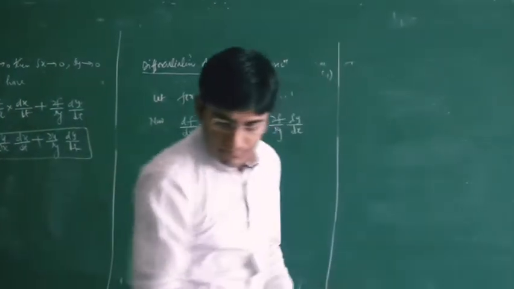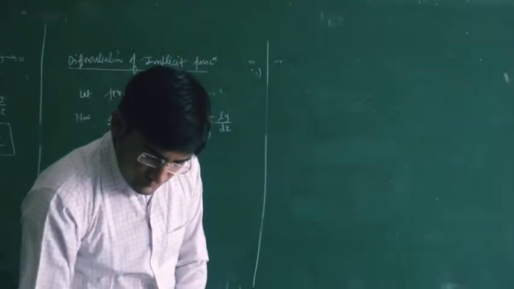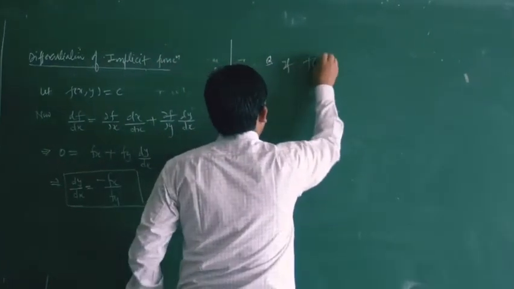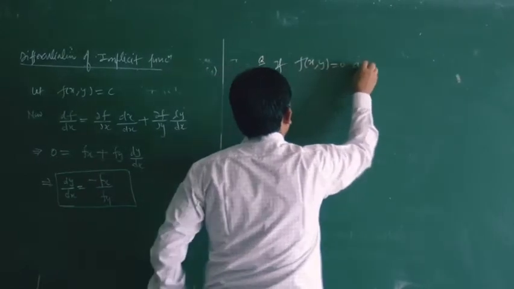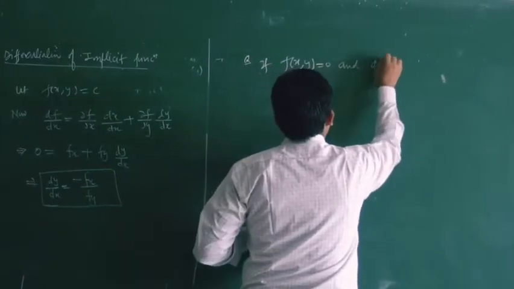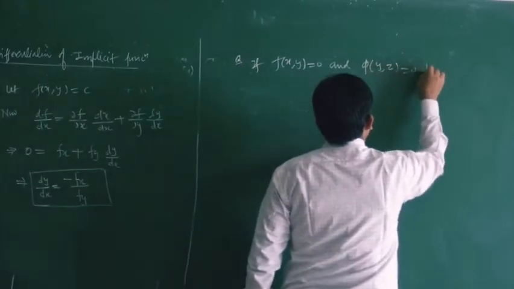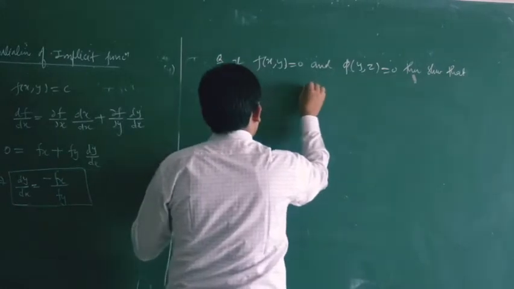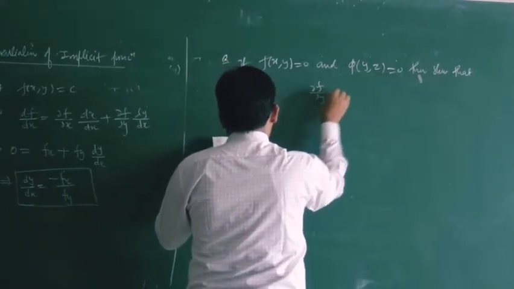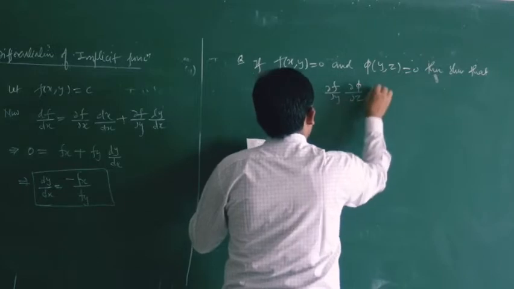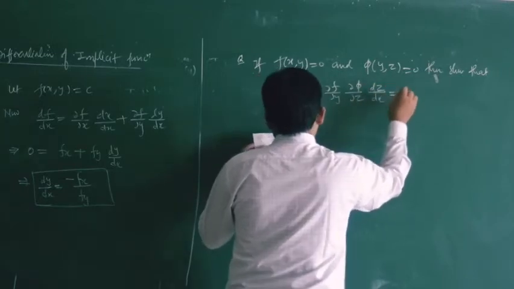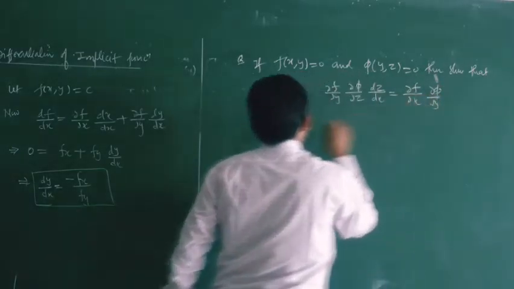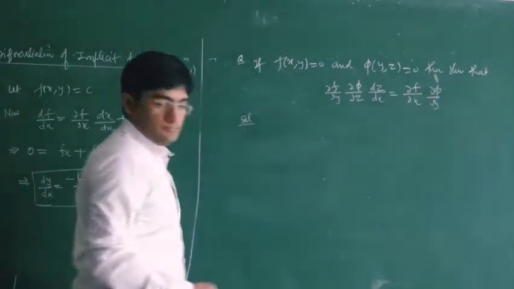The first question is: if f(x,y) equals 0 and phi(y,z) equals 0, then show that ∂f/∂y times ∂phi/∂z times dz/dx equals ∂f/∂x times ∂phi/∂y. Solution.